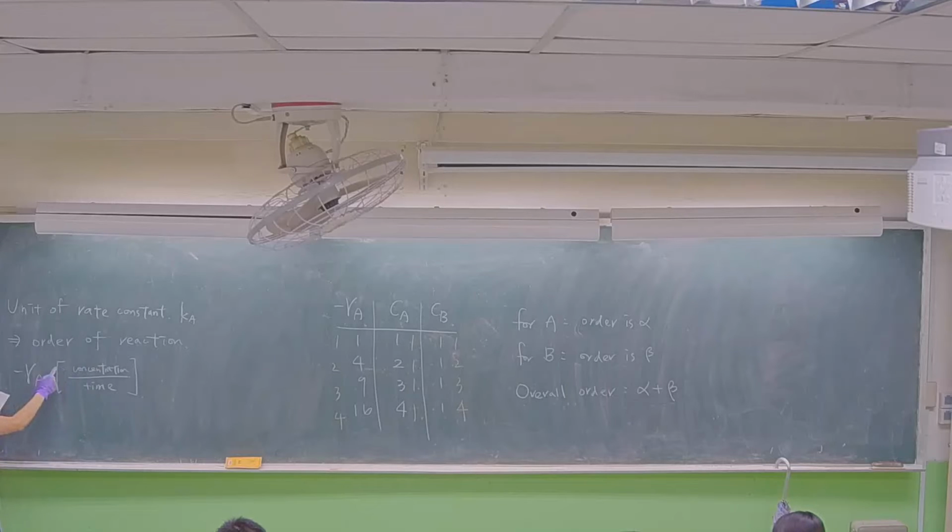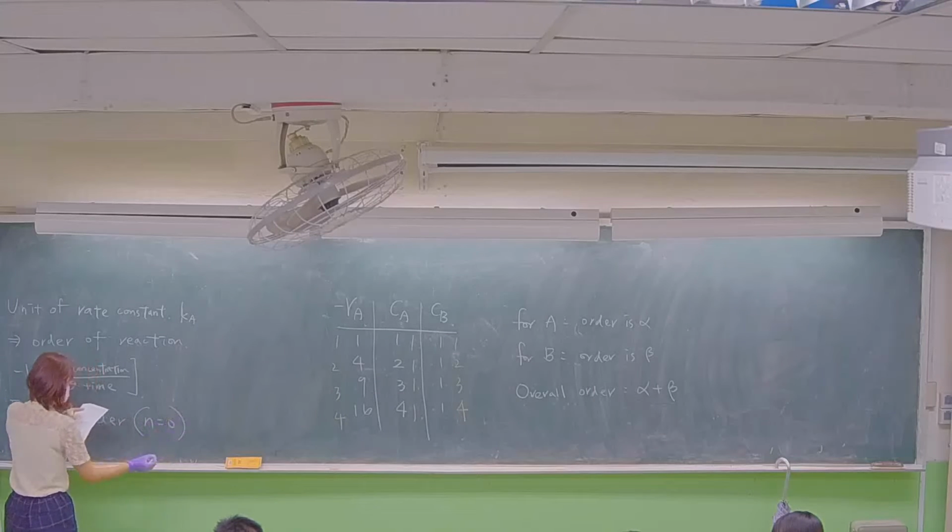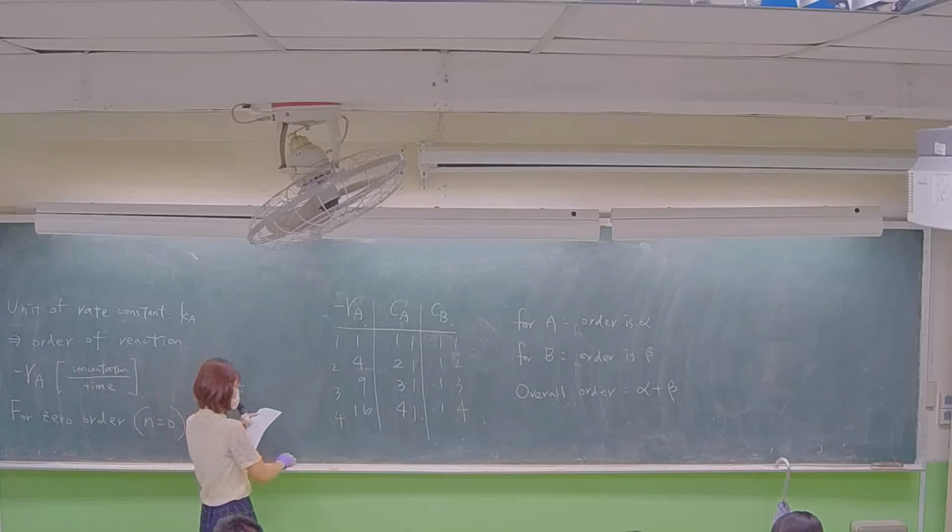Reaction is related to concentration. Rate is related to time. So the unit for minus Ra is like this. Okay, so let me show you some different reactions with different order. For zero order, zero order means n is equal to 0. So what is the function?